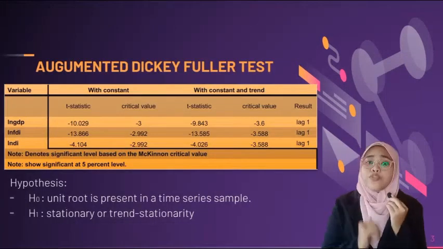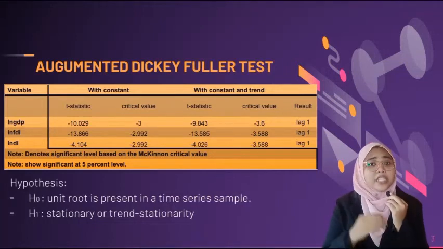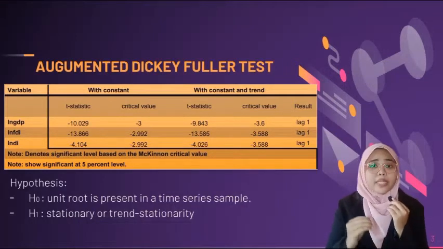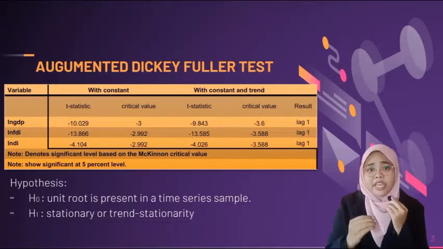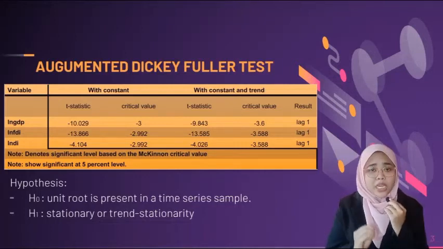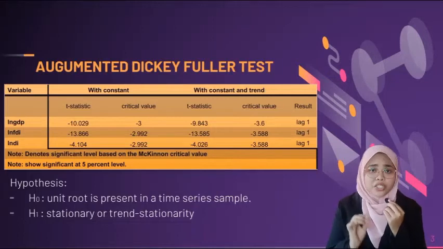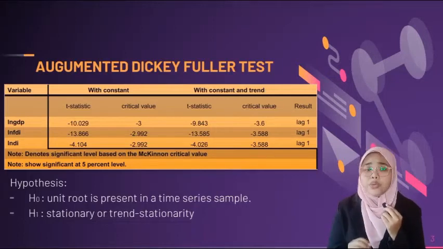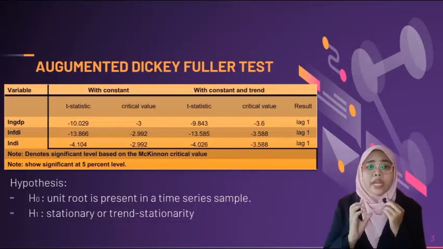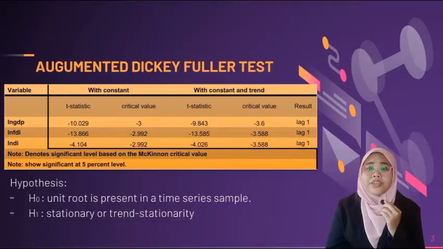Okay, next, moving to the stationarity test. As mentioned before, we use the augmented Dickey-Fuller (ADF) test to employ an econometric approach for empirical analysis. So here is our hypothesis for this test: the null hypothesis shows that a unit root is present, while the alternative hypothesis shows that the series is stationary in trend.